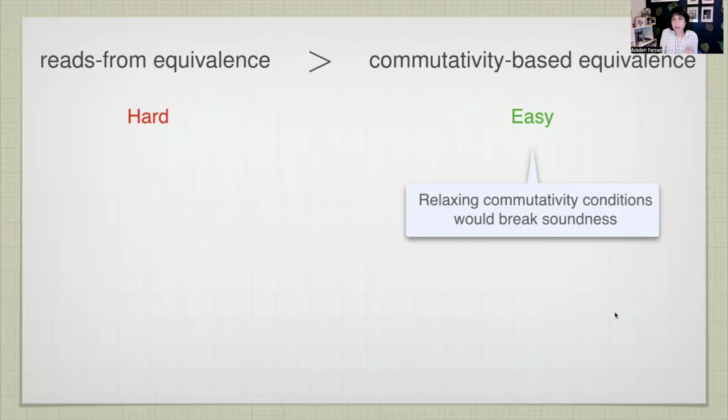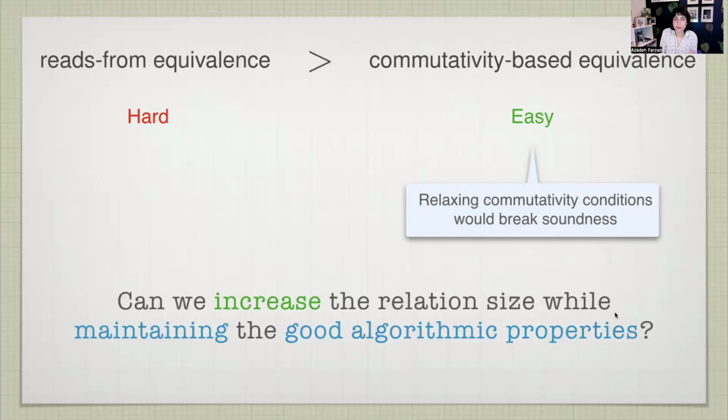We know we cannot relax that commutativity relation any longer, because we would lose soundness. So there is no wiggle room with that definition alone. Can we actually find another equivalence relation that is sound in between these two that would still have the good algorithmic properties of the easy commutativity-based equivalence?